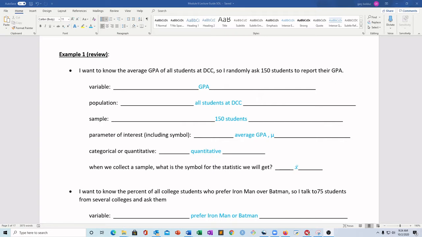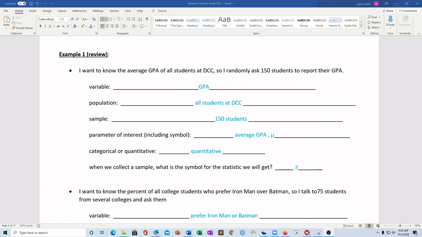The parameter of interest is the average GPA, and that's mu because it's an average. This is quantitative, again because it's an average. The data I'm getting back are all numbers. You have a GPA of 2.5, of 3, of whatever it is. And on top of that, you can average those numbers and it still makes sense to say the average GPA.